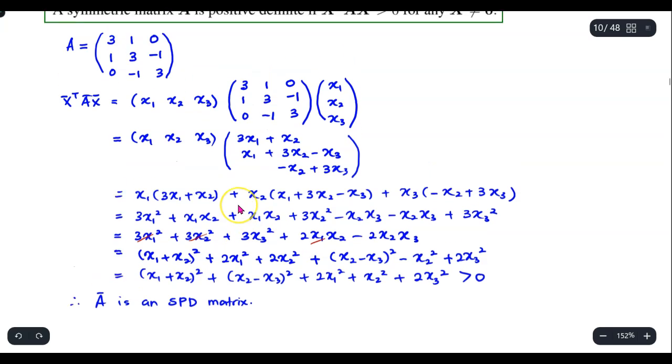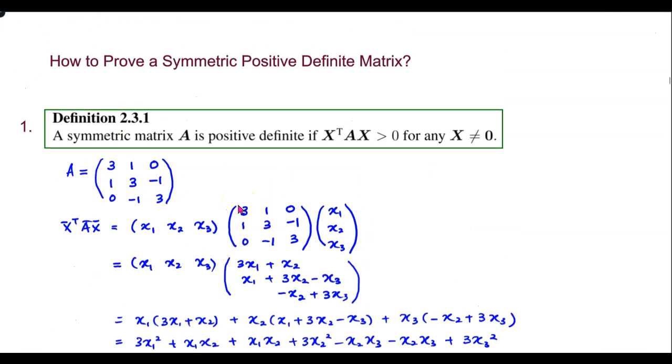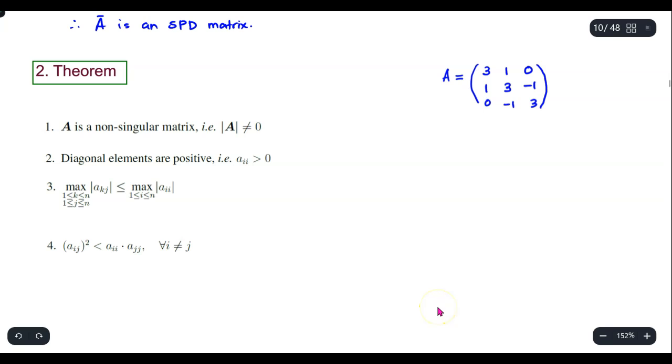But anyway, we have another way to prove an SPD matrix, which is by using the theorem. You need to show that you satisfy all of these four conditions in order to say that A is an SPD matrix.